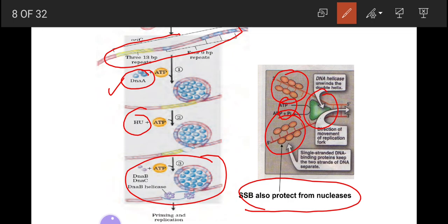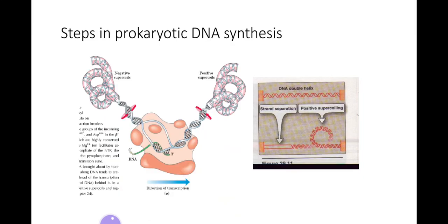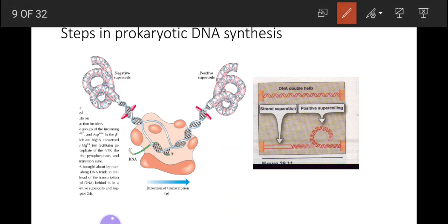With the separation of the strands, there comes a problem with the double strand of the DNA: it will cause the problem of supercoils. This diagram shows that as the DNA strands separate, there is the formation of supercoils in the region.